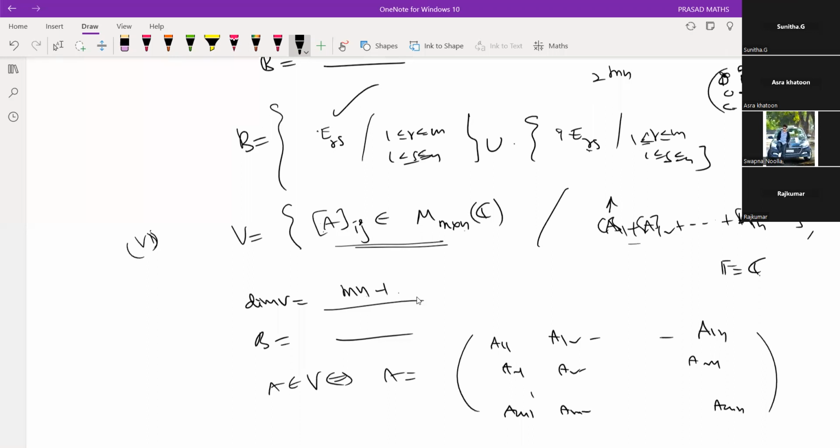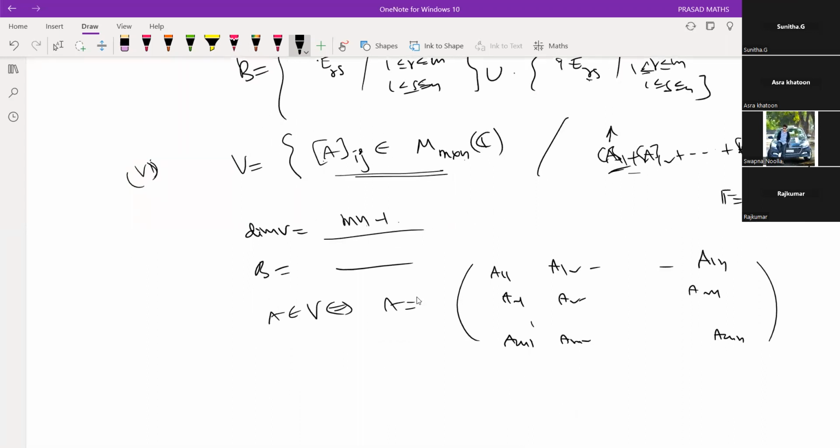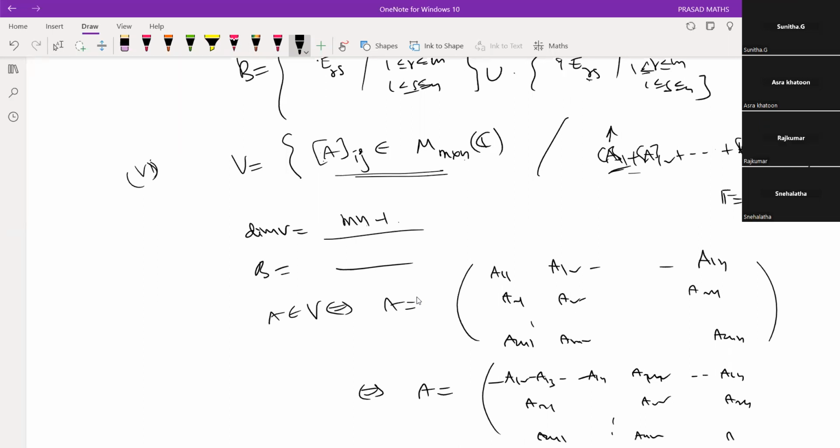Then you need to replace a11 by minus a12, minus a13, minus a1n, next a21, a22, a2n, going on to am1, am2, amn. Right? So how many free variables? Anybody? mn minus 1.